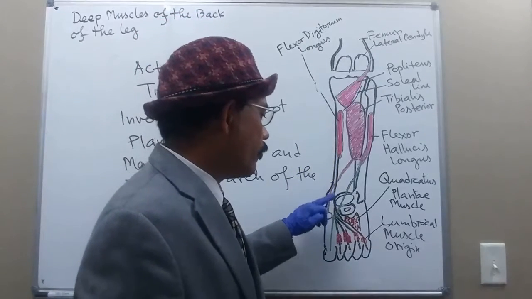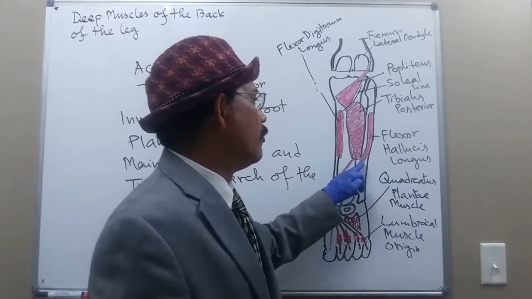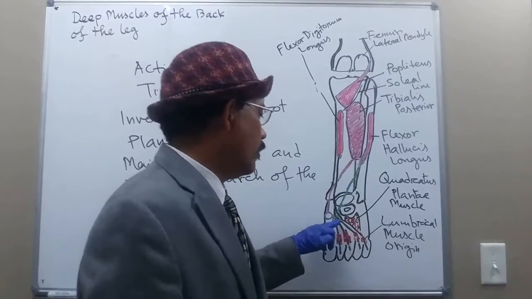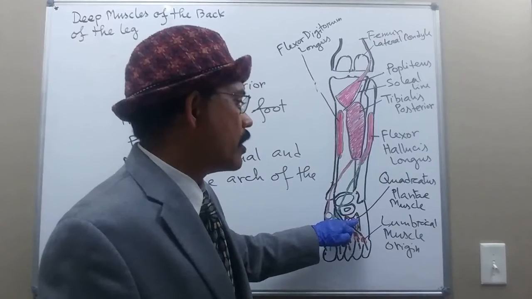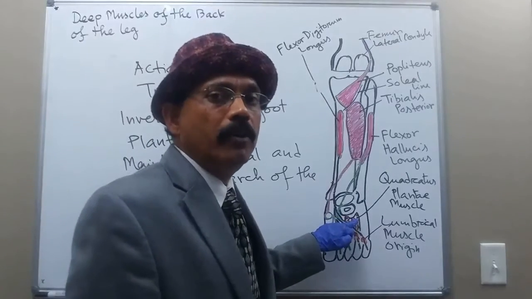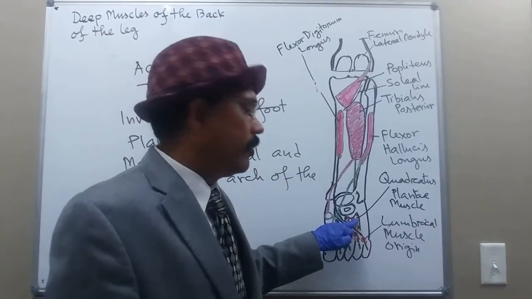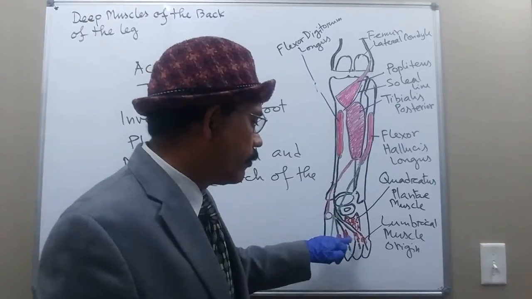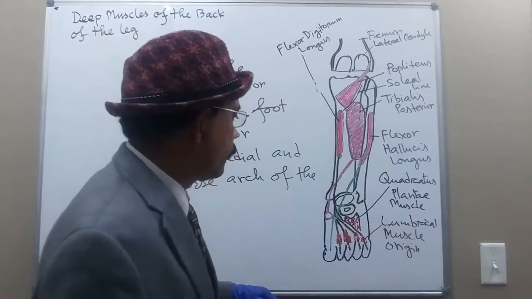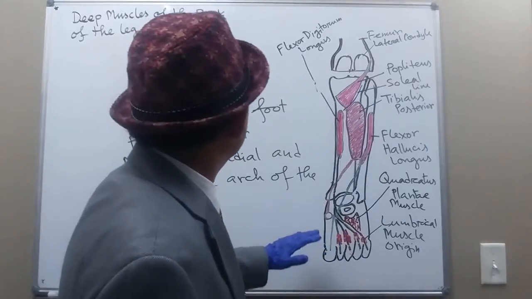Flexor digitorum longus also crosses the tendon of the flexor hallucis longus. Flexor digitorum longus tendon also receives the muscle quadratus plantae, old name flexor digitorum accessorius. The tendon will give origin to the lumbrical muscles. So these are all lumbrical muscles.